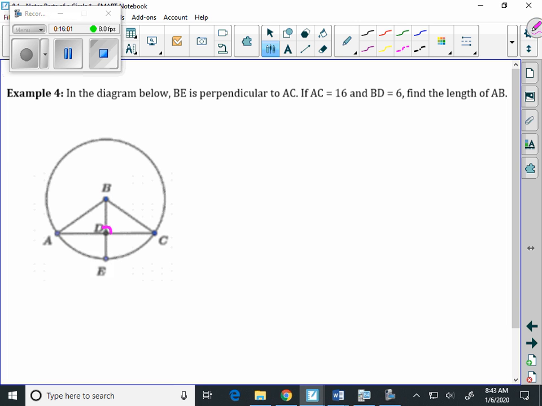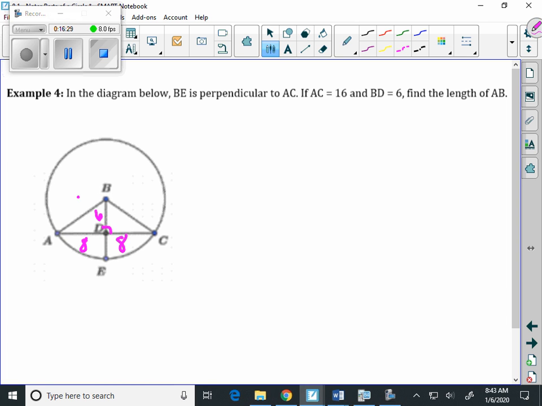Well, because it's perpendicular, even though this entire length of AC is 16, we can bisect that. It cuts that in half. So half of 16 is 8. We also know that BD is 6. And what we want to know is how big is the length of AB?